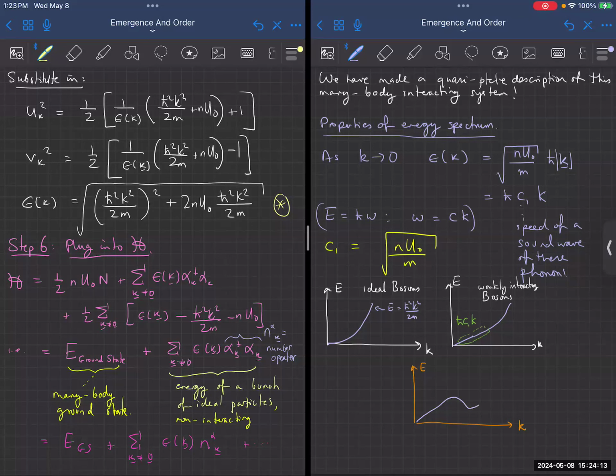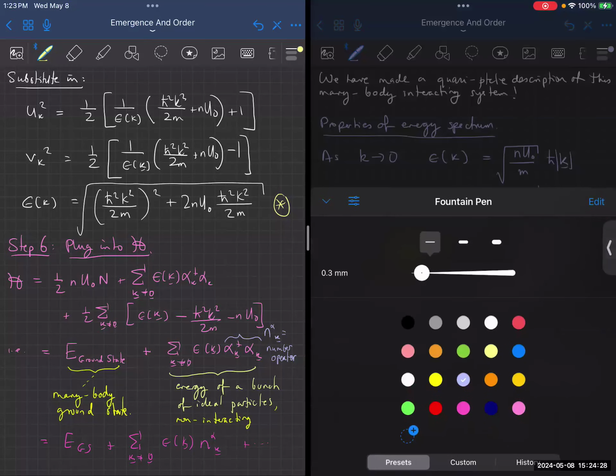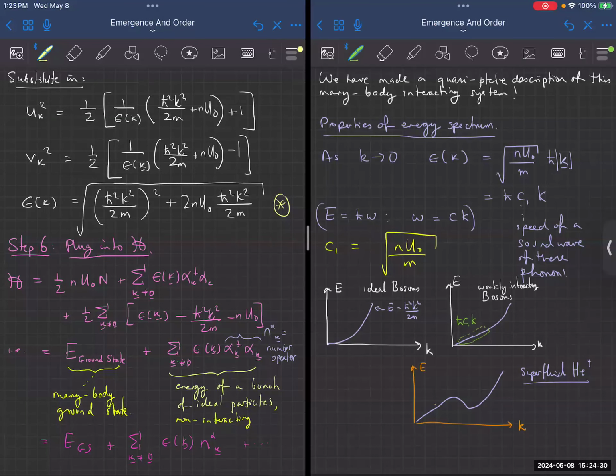Then there's this dip here, and then it goes up like so. So this is what we have experimentally for superfluid helium. And so again, in superfluid helium, we have this h bar c1 k. We have these phonon modes.